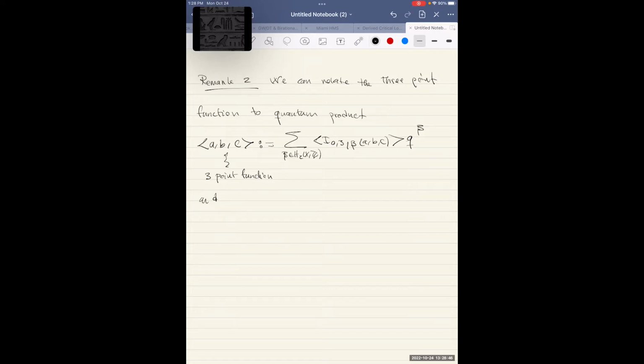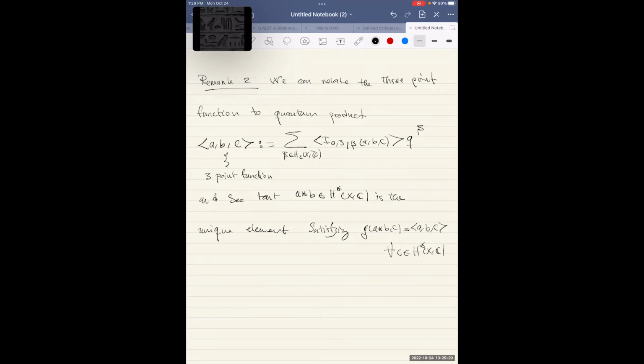And we can see that A cross B, which lies in here, is the unique element satisfying G of A cross B with C intersection is exactly the quantum 3-point function for any C in complexified cohomology of the variety.